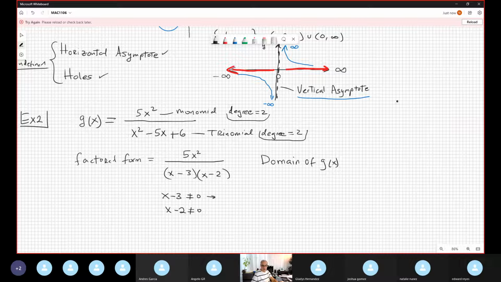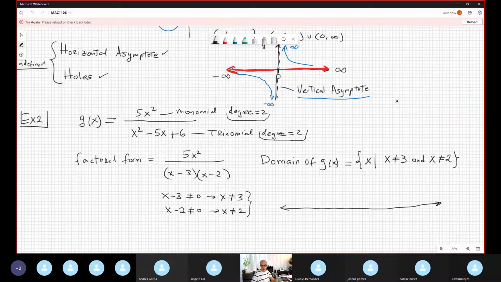And this is equivalent to saying x not 3 and x not 2. The domain is all real numbers except these bad guys, 3 and 2. One possibility to write this, using set builder notation, is x such that x not 3 and not 2.